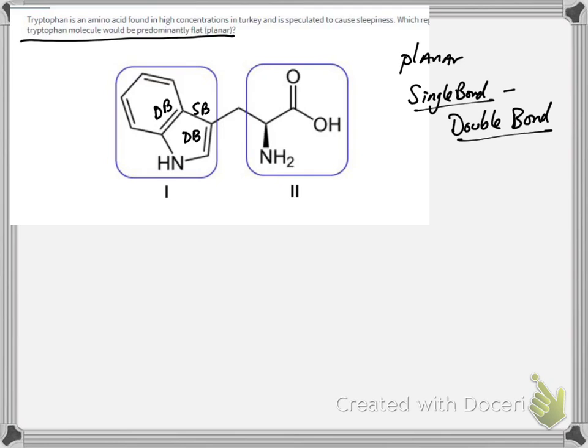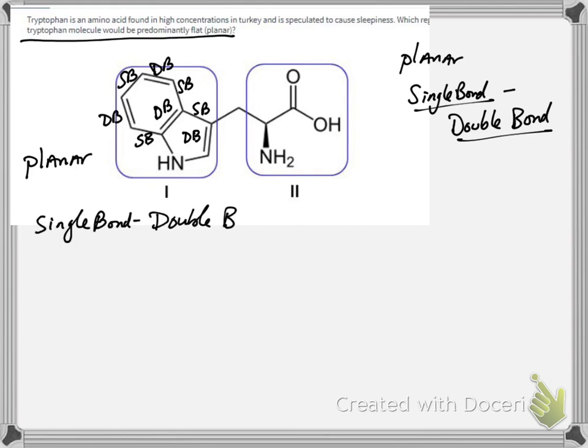So we start looking at the molecule, and we immediately identify region 1 as a place where there are alternating single bonds and double bonds present. This most likely is a trigonal planar portion of the molecule. While in 2, yes, there's 1 double bond present, but the rest are tetrahedral. They're certainly not planar, and so in that case, we would consider 1 to be planar.